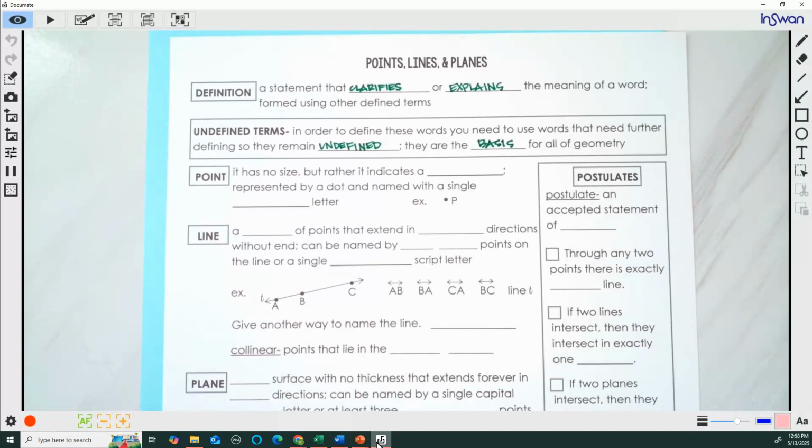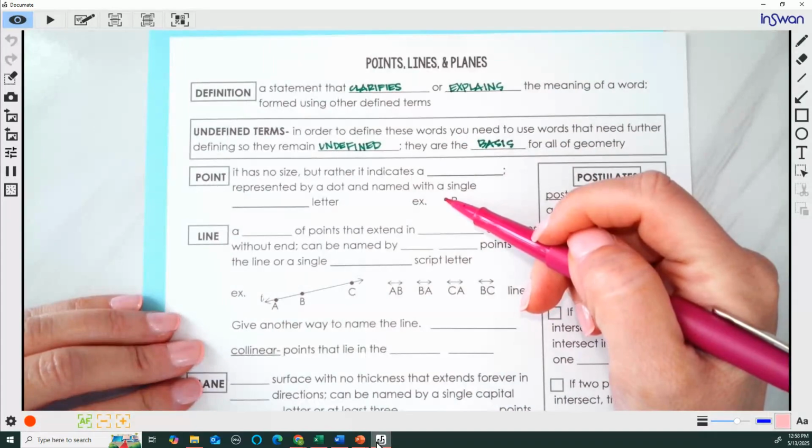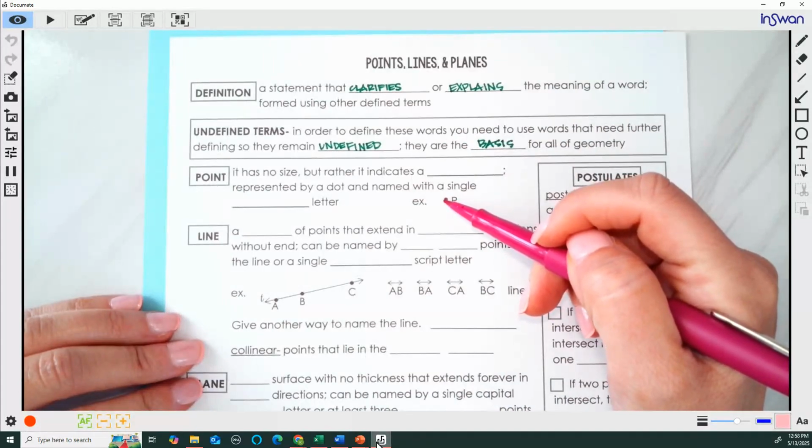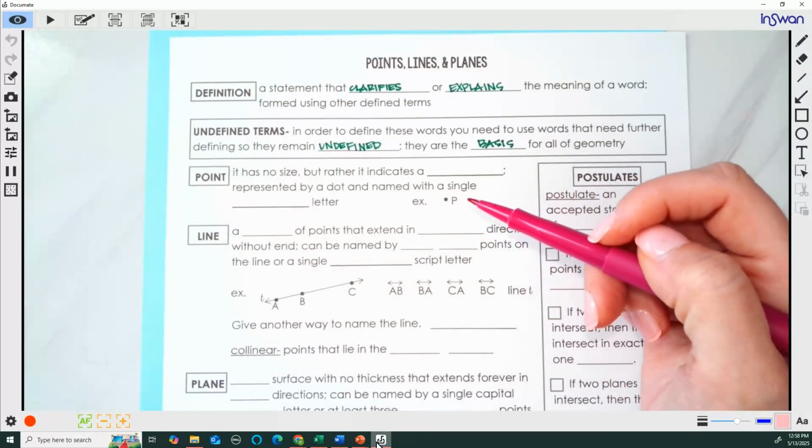What is a point? A point, you see here as an example, we have what it looks like, point P, but it really has no size.